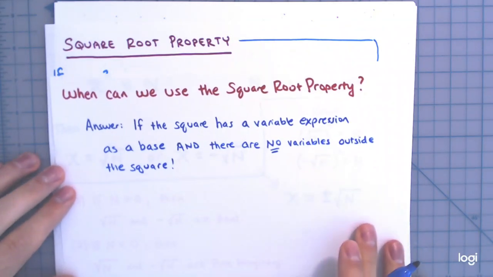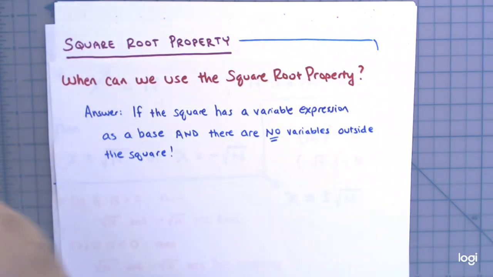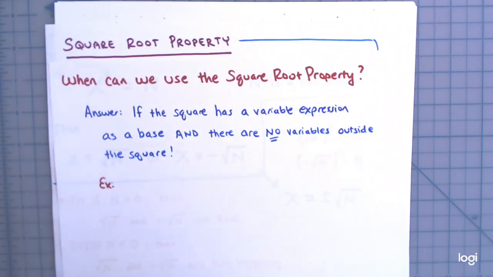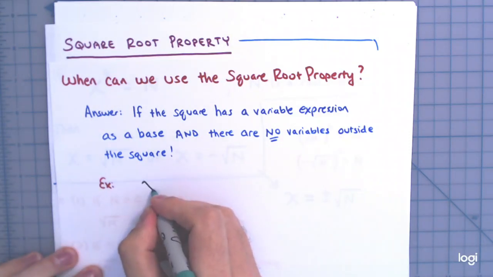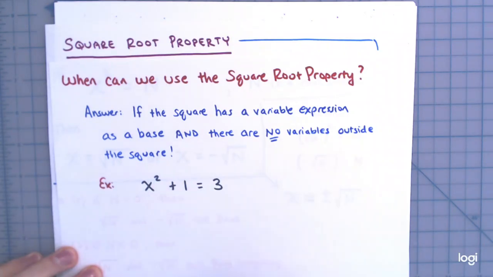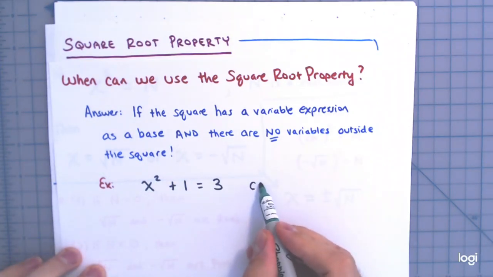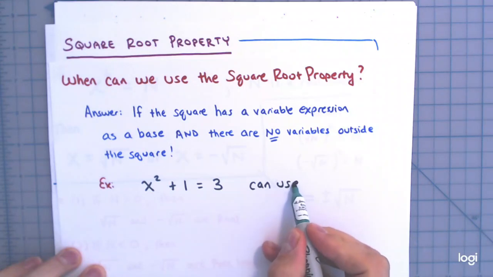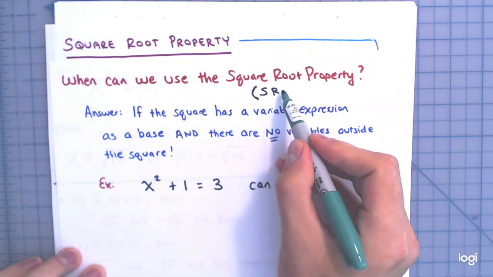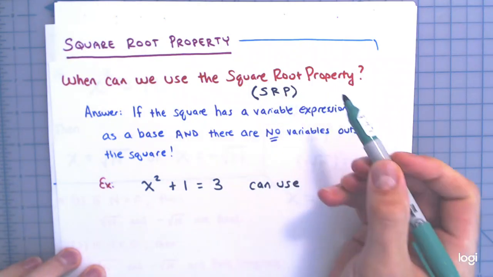All right, so some examples. Here's an equation that I could use the square root property for. Say x squared plus 1 equals 3. We can use, and I'm just going to call the square root property here the SRP for short.